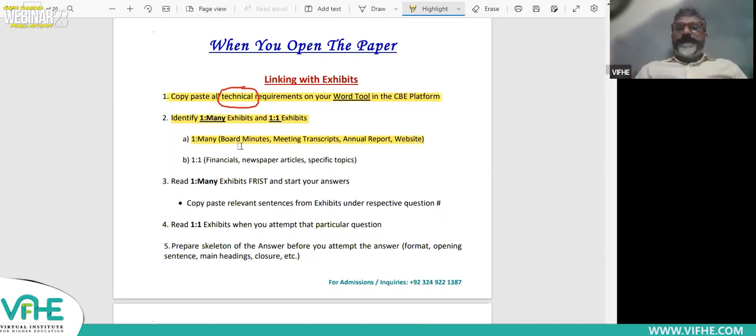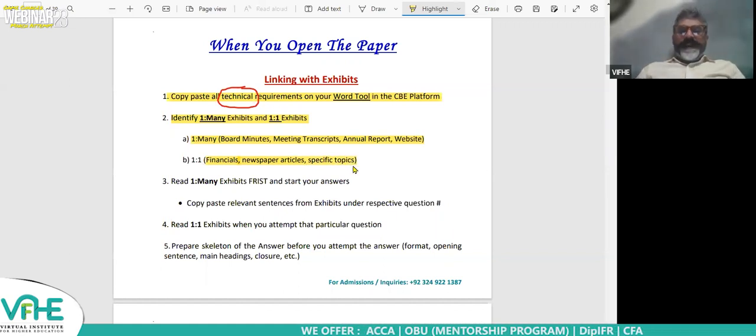Remember these: board minutes or meeting discussions or transcripts, annual report, website. Typically 90% of the time they are 1:many. And 1:1 exhibit would be some financial statement or a financial projection, any newspaper article, and specific topics. So from the heading, you can make out that, okay, this is something very specific.